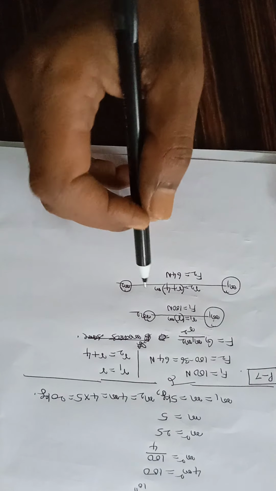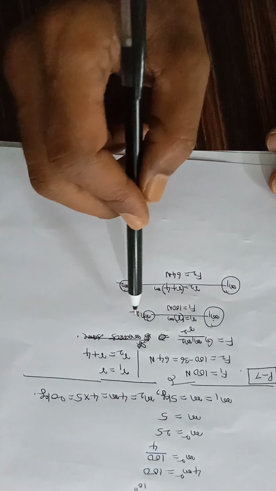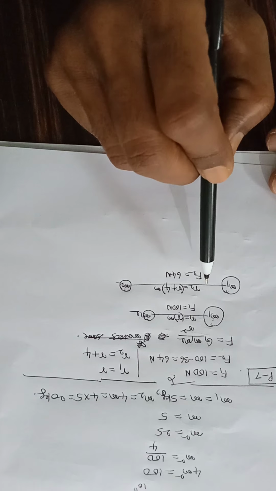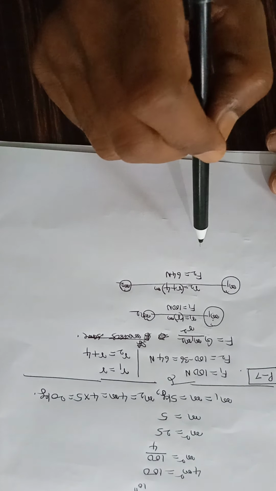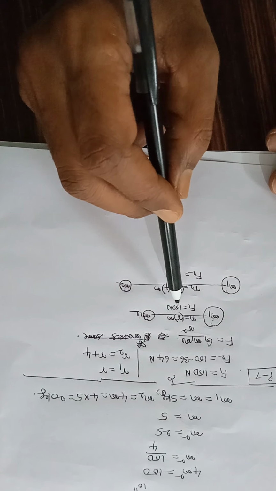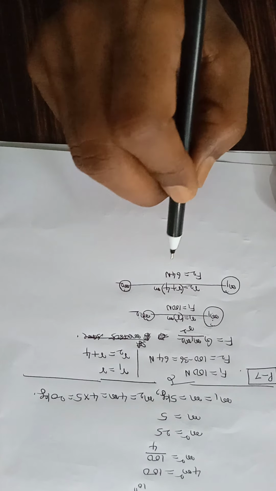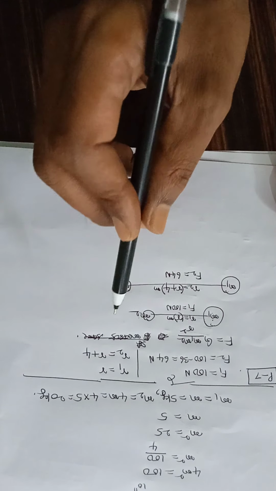So in this problem, when the distance between the masses was r, the force of attraction was 100 newtons, and when the distance was increased by 4 meters, the force has fallen to 64 newtons. So it means force is changing with distance between them.